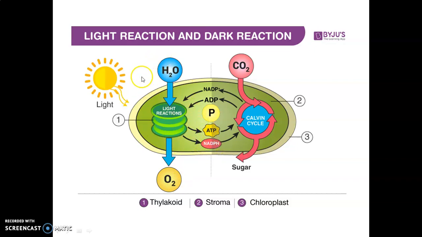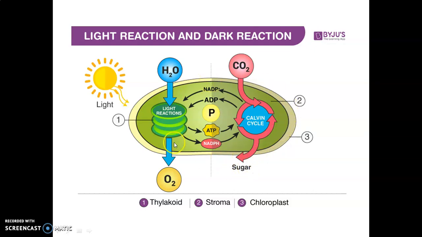These reactions are included in the light reaction, and the formed ATP and NADPH are used in the Calvin cycle, which does not require light. That's why it is known as the dark reaction, and the byproduct sugar is formed.